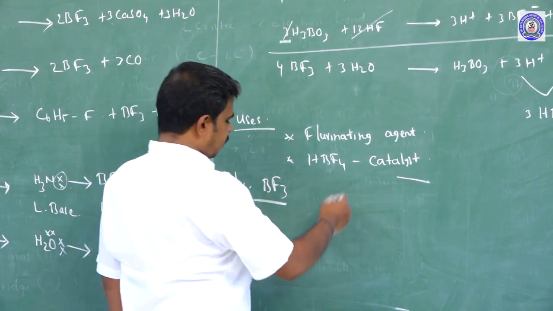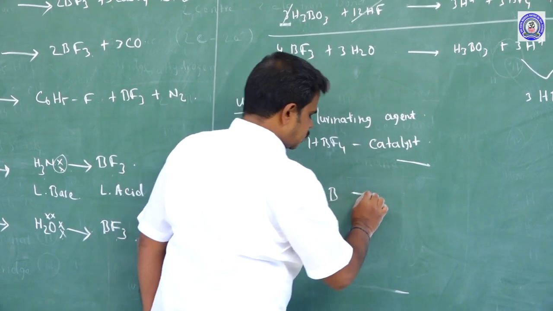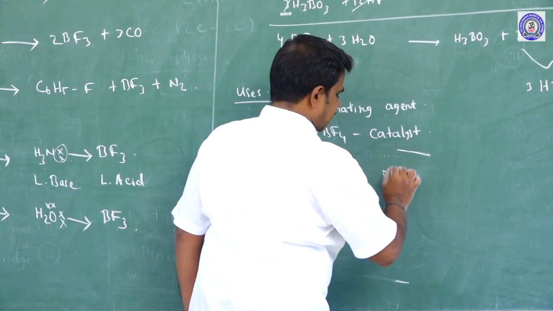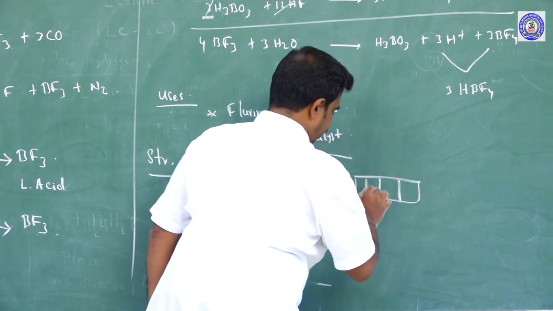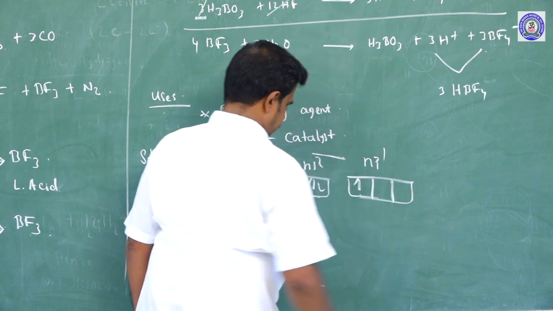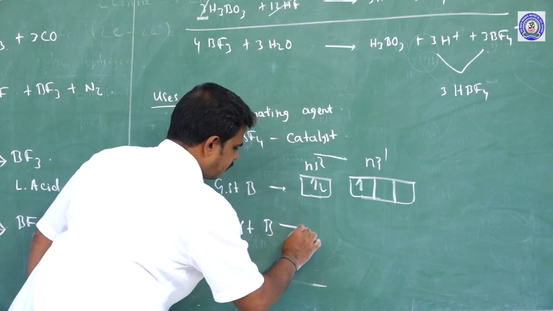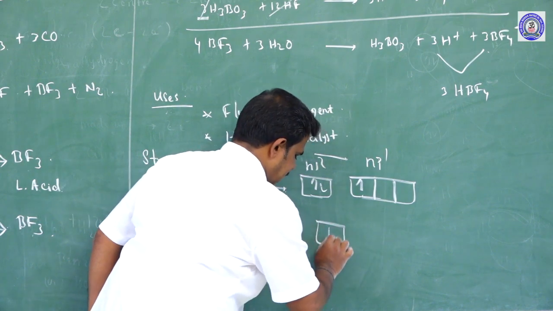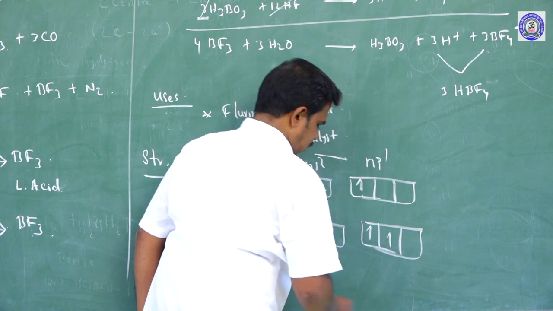Now we take boron in the ground state: it is ns2 and np1. The excited state of boron is ns1 and np2, so here 1 and 1.